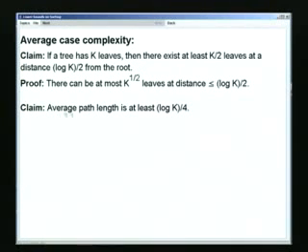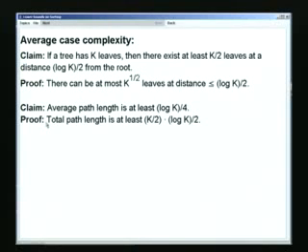We can prove that the average path length, where the average is taken over all leaves, is at least log k upon 4. Why is that? Let's count what the total path length is. The total path length we are going to calculate first for these leaves which we talked about.